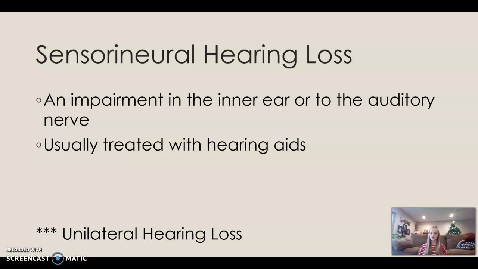That's just the sensory neural and the conductive hearing loss, which do not have a known factor. The unilateral hearing loss is a type of hearing loss that is only in one ear. Sorry, I made that confusing, but unilateral is in one ear, and the sensory neural and conductive are in both ears, and those are the ones that don't have any known organic cause.